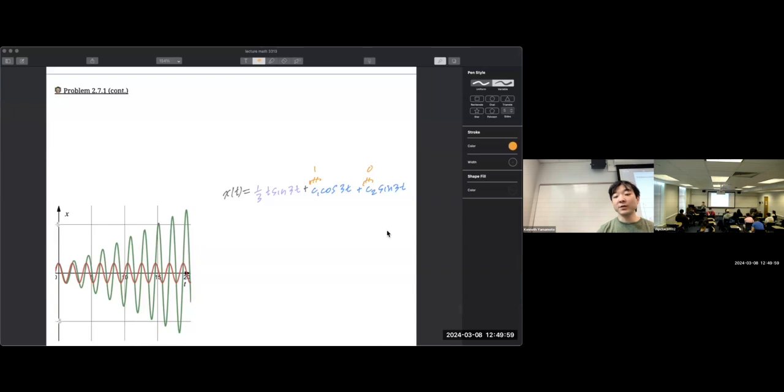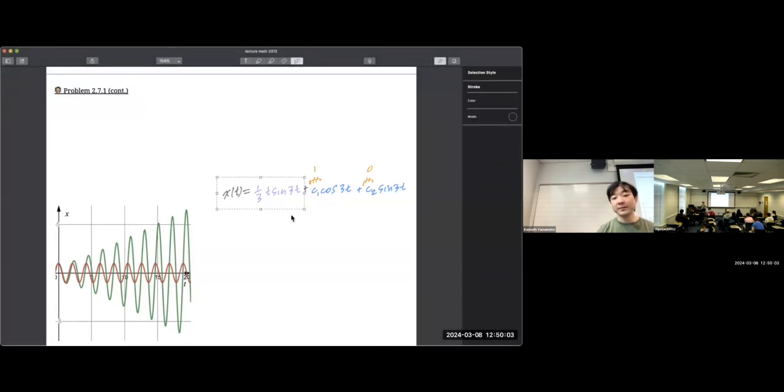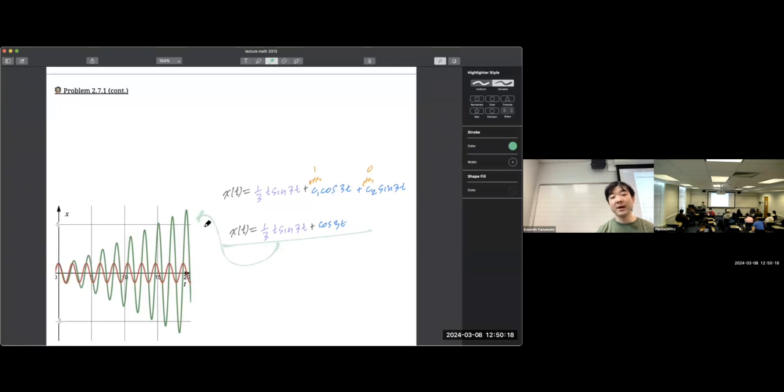So your official solution at the end will just equal this plus the 1 in front of this, just cosine of 3t, and then this is 0. And so this right here is the green graph. The red graph is really just this piece right here.